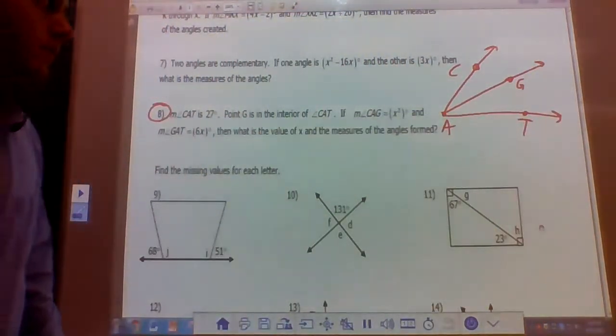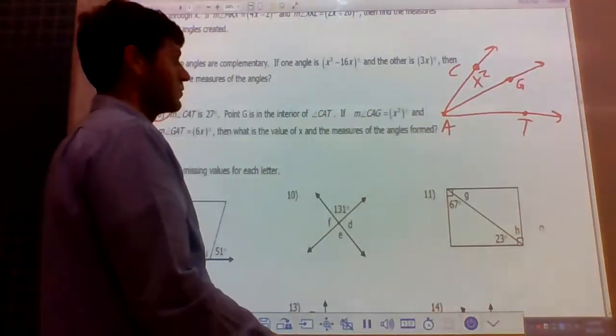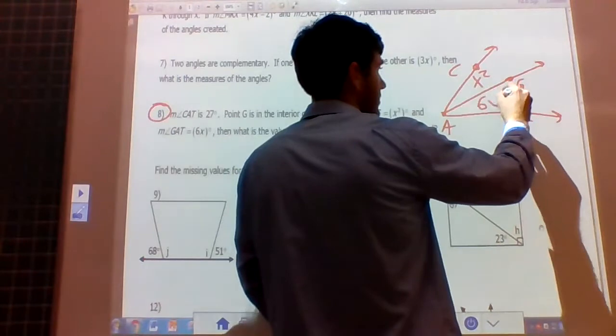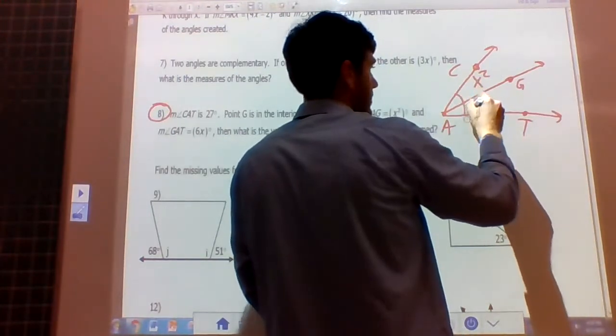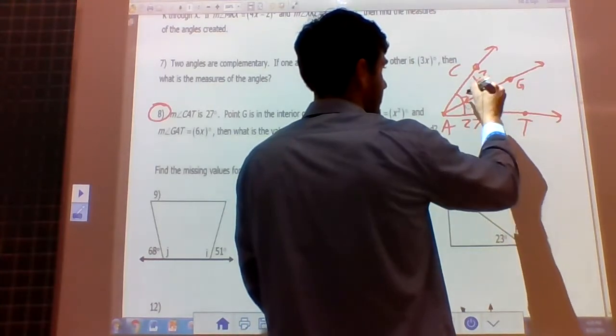Okay, the measure of angle CAG is x squared. And the measure of angle GAT is 6x. Okay, and we know this whole thing here is, let's write it down here, 27.